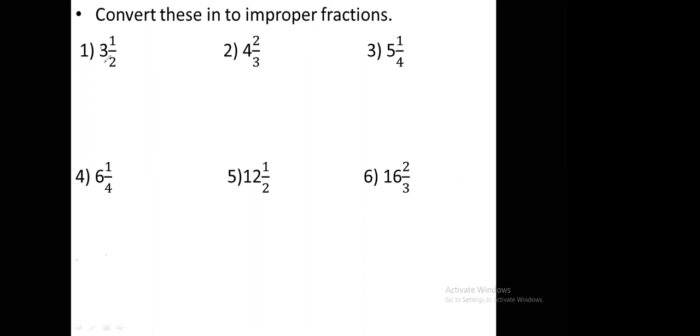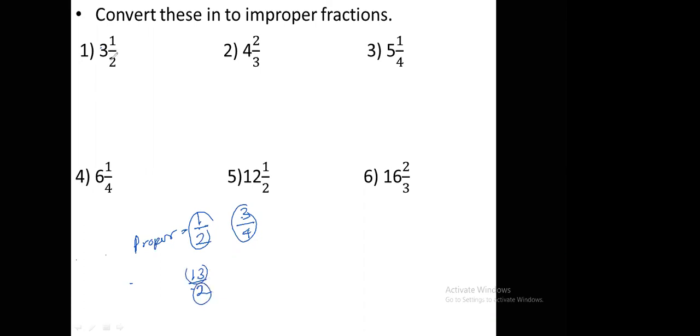Now we have to convert this to an improper fraction. Proper fractions have the numerator less than the denominator. Improper means the numerator is greater than the denominator, like this, big, right?